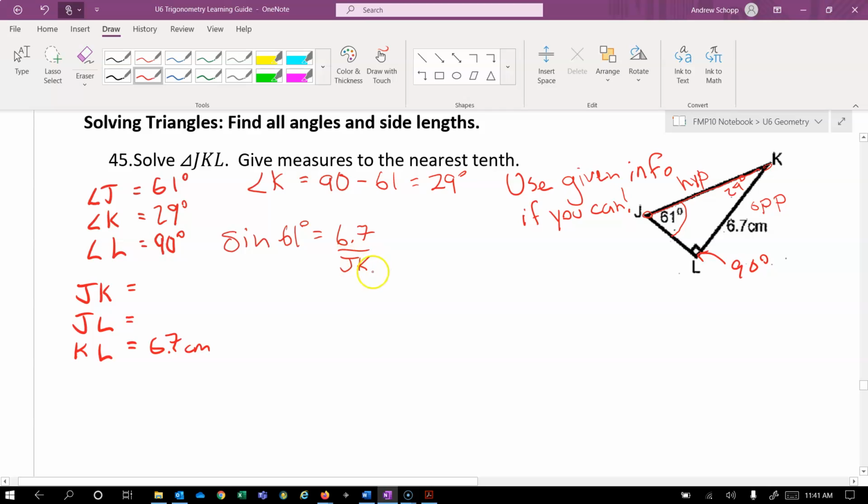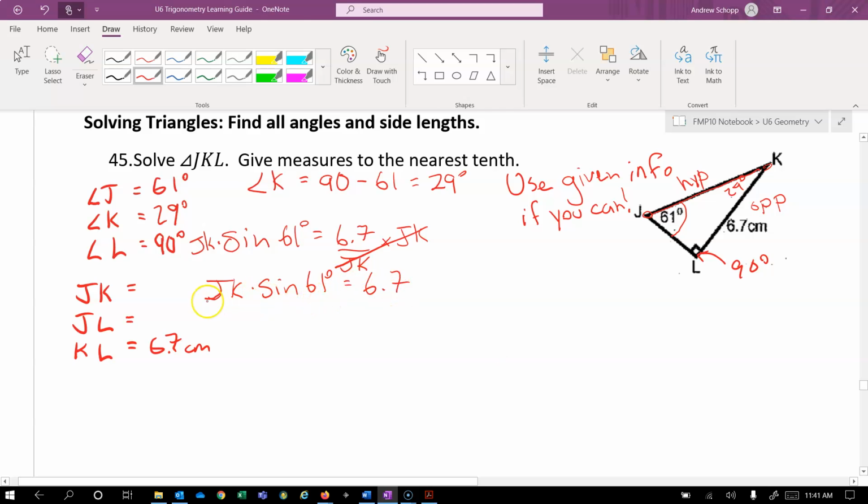When our unknown value is in the denominator, we know that we first start by multiplying by JK on both sides. JK divided by JK will become 1, and we've now removed it from the denominator. So we have JK on the left times sine of 61, and that's equal to 6.7.